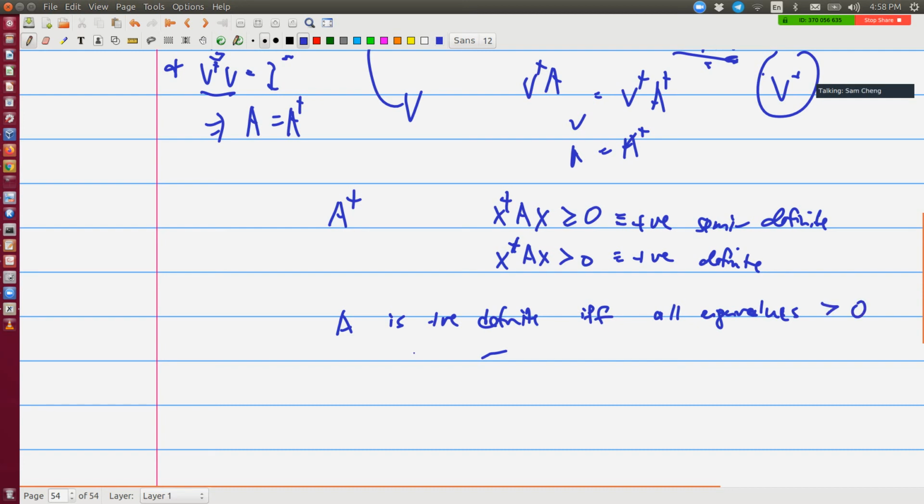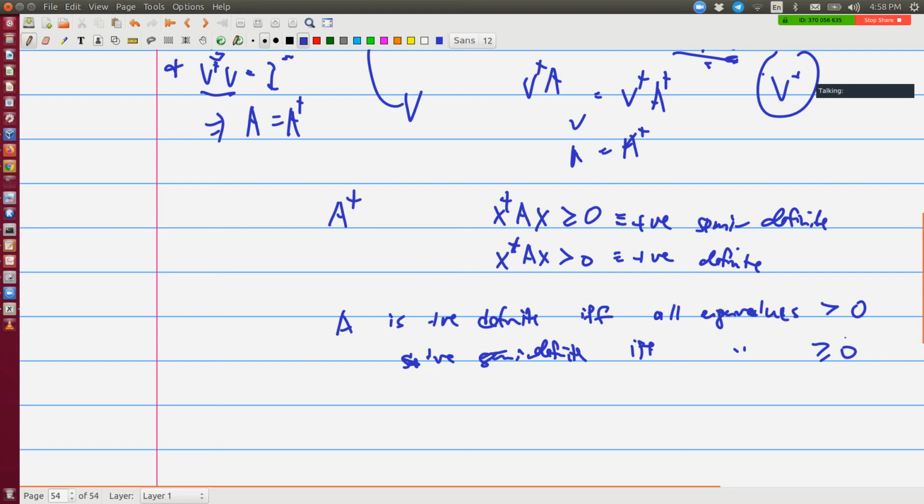And it is positive semi-definite if and only if all eigenvalues are bigger than or equal to 0.